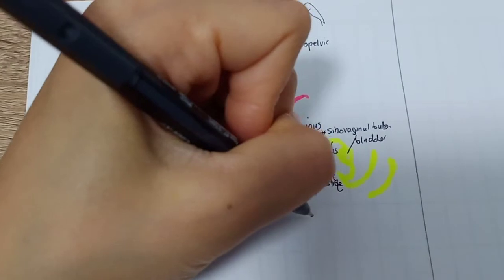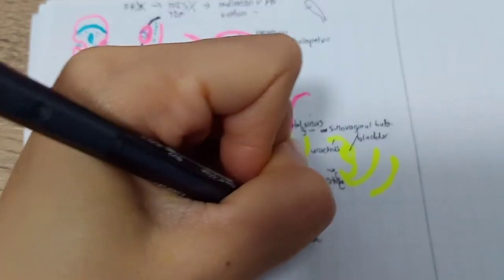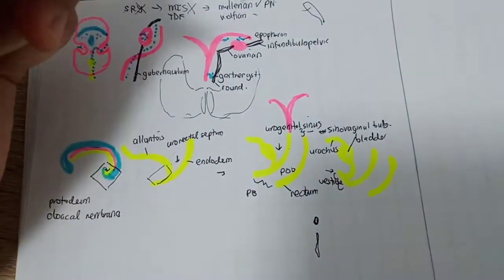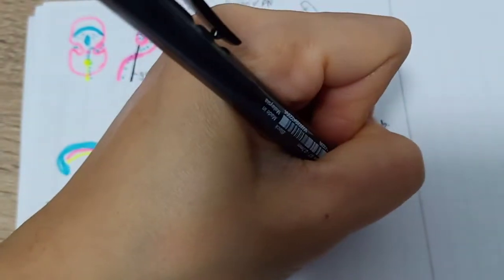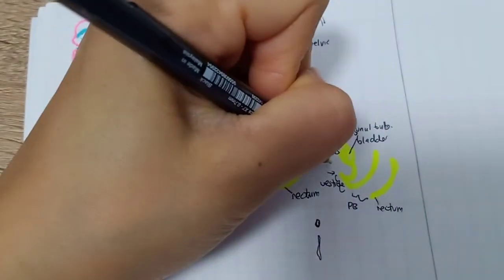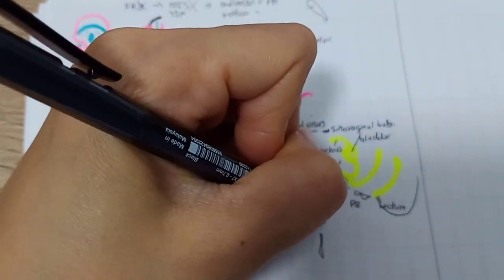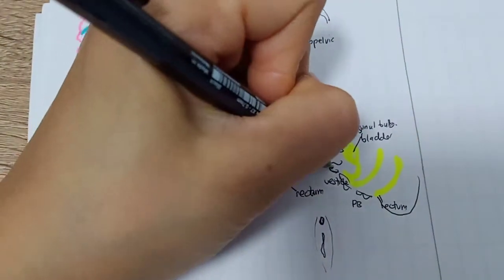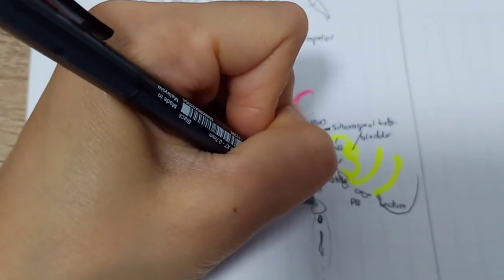And the vestibule has the urethral opening and also the vaginal opening. And we have the perineal body. So this is the rectum. This is the perineal body. And it will be something like this. So here we have the genital tubercle, which is somewhere here.